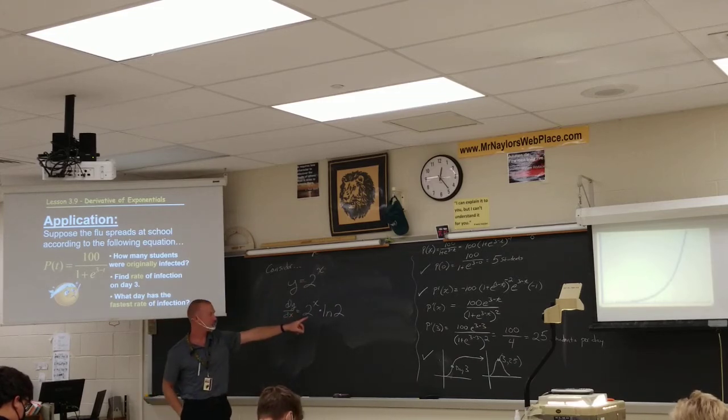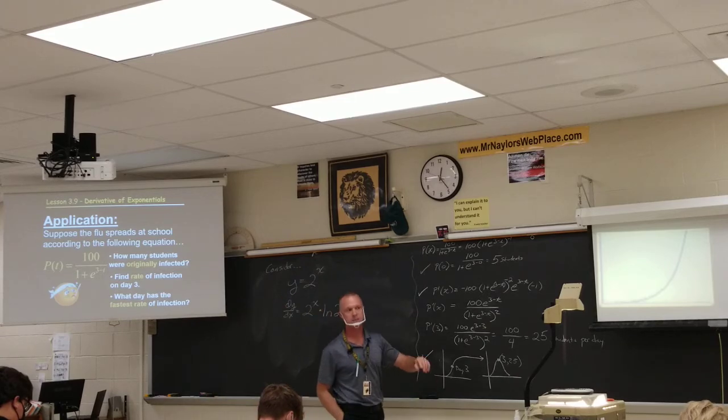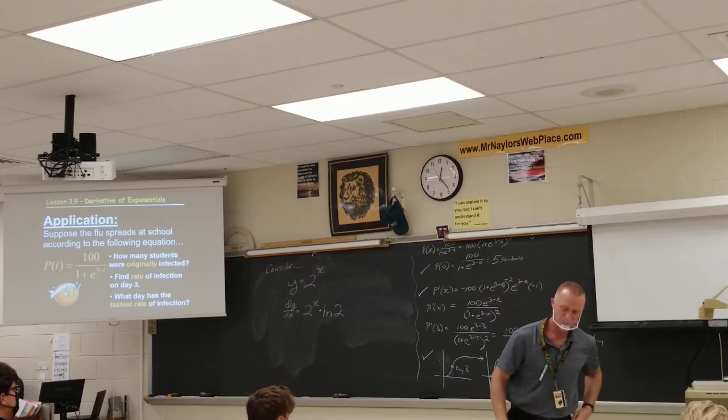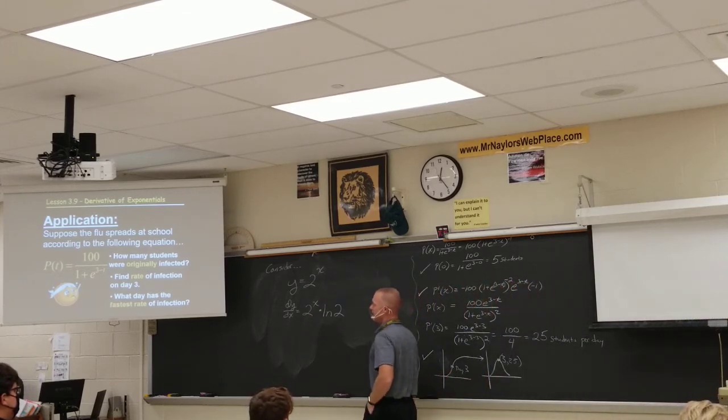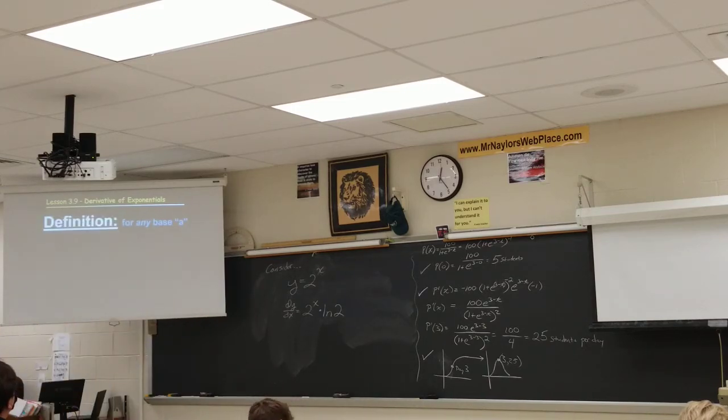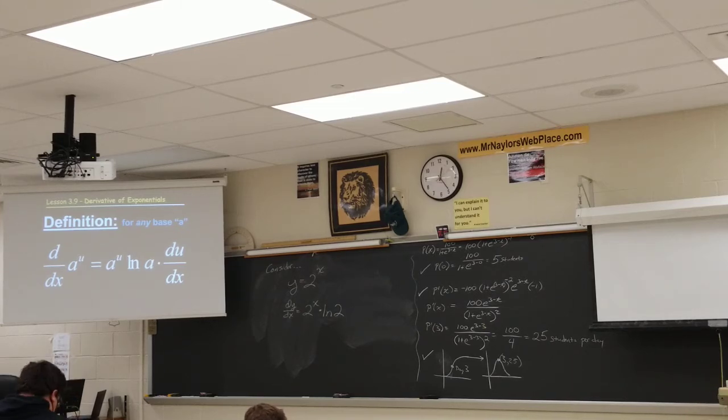Make sure you write it correctly in your notes. It's 2 to the x times the ln of 2. It's a little adjustment. If you have a to the u, in other words, any base, the derivative of a to the u is still a to the u.